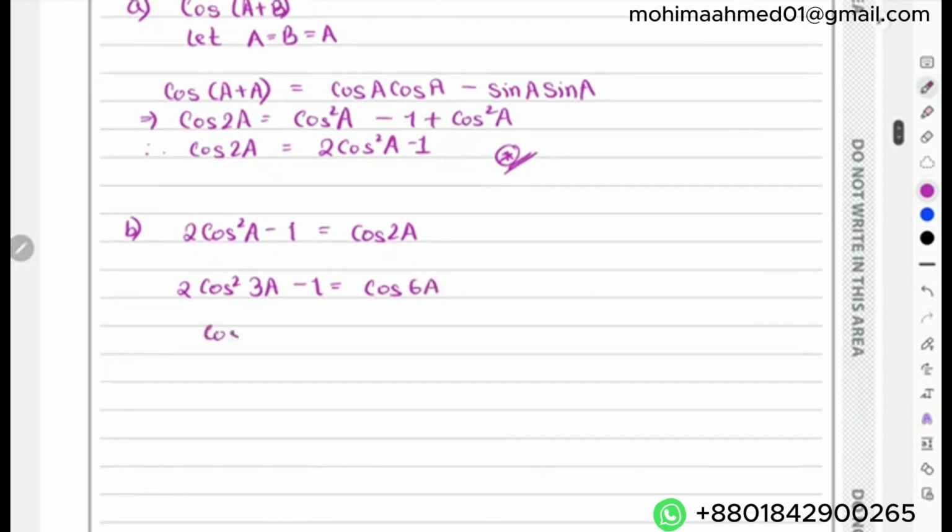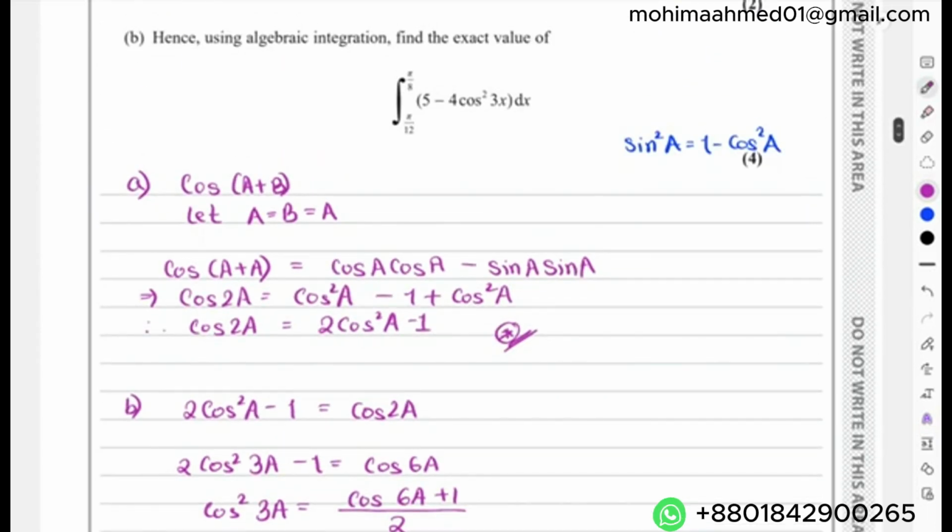So we can just write cos square 3a is going to be equivalent to cos 6a plus 1 over 2. Right, this is how your answer for cos square 3a should look like. So because we simply cannot integrate it, right? Your equation was 5 minus 4 cos square 3x with a boundary of pi by 8 and pi by 12. That means certainly you have to do this calculation in radians mode.